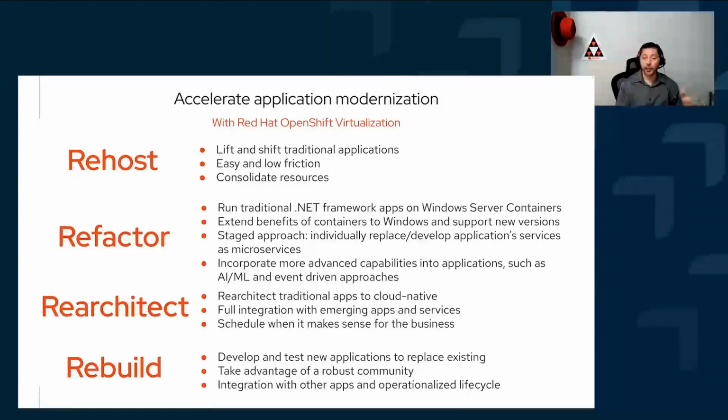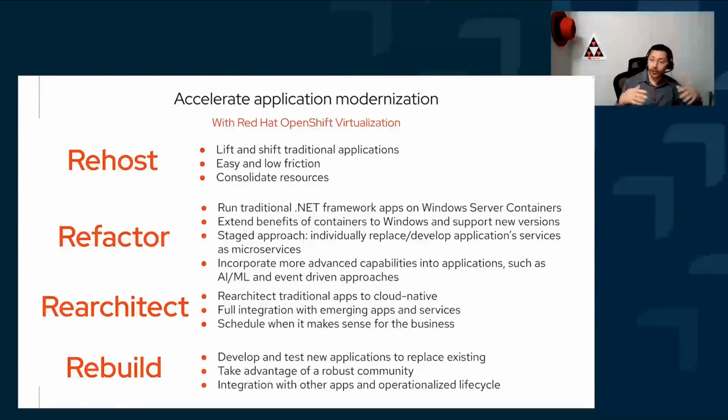Likewise, for Java applications, you can individually replace application services as microservices over time, and then eventually incorporate event-driven architectures triggered by AI inferencing, and you can turn that into a feed for a continuous ML modeling loop so that you continuously improve your machine learning and the inferencing that takes place.